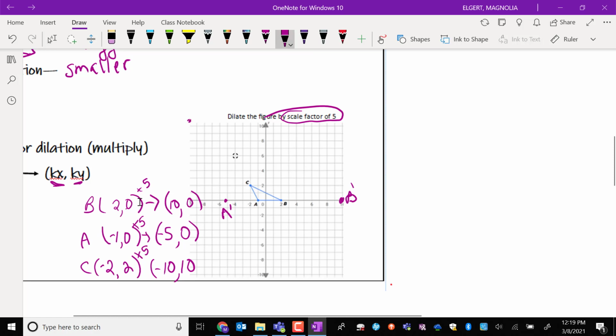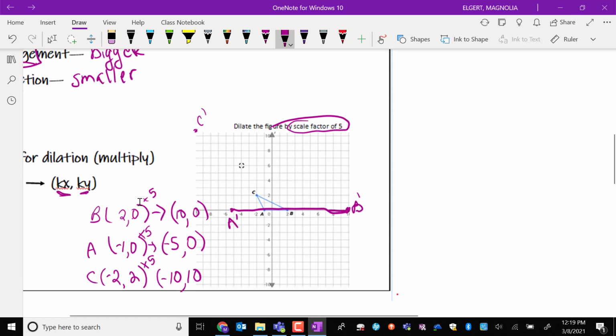I can't see it on my screen. Hopefully you can approximate. So then you can draw in your triangle. Your new triangle is the same shape, but much bigger. So that's dilated by 5.